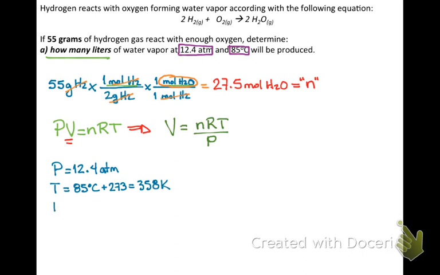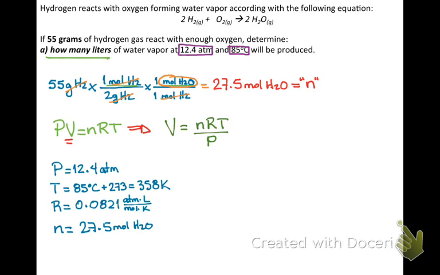We will use the constant for atmospheres, that is 0.0821 atmosphere liter per mole Kelvin. And we already have the number of moles. We have N that equals 27.5 moles of H2O.